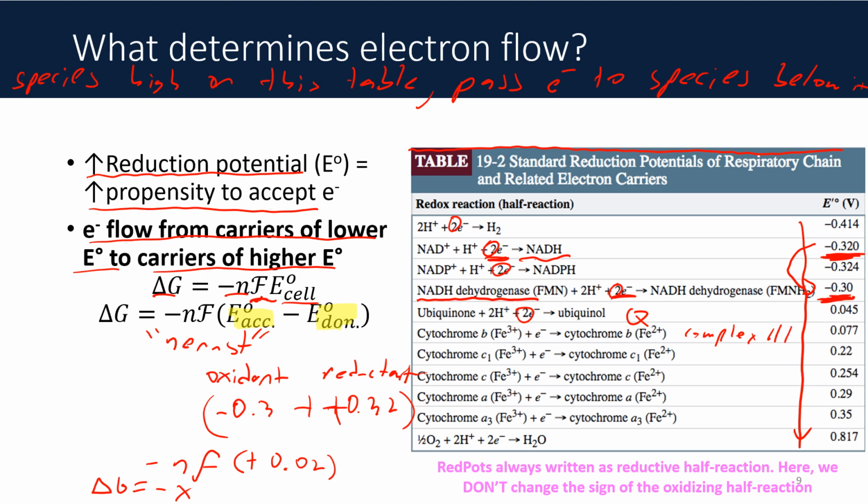That passes along to cytochrome C, and then that passes along to complex 4. And where does the chain end? With terminal oxygen reduction. And oh look, oxygen's reduction potential is a whopping 0.817 volts. It's got the highest reduction potential in this chain, and that's why oxygen is so good at oxidizing things and receiving electrons.